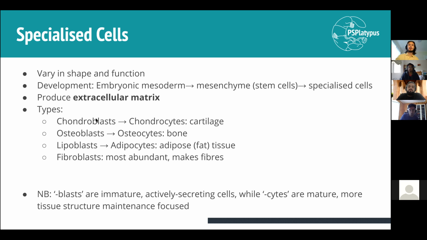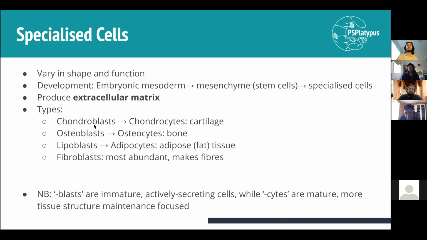And you can see here we've got chondroblasts, osteoblasts, lipoblasts, and fibroblasts. So the blast suffix refers to the fact that they're immature, actively secreting cells. And you can see they develop into the more mature forms, which are more involved in maintenance of that extracellular matrix.